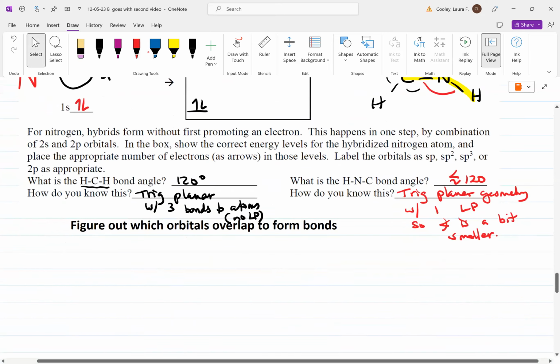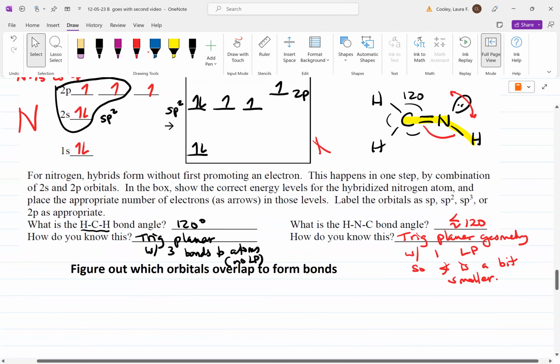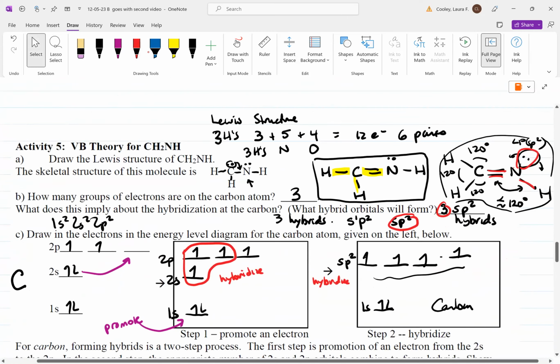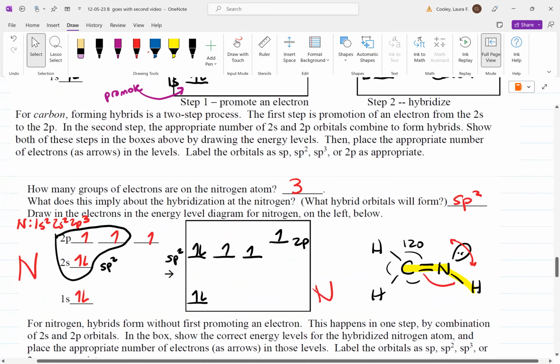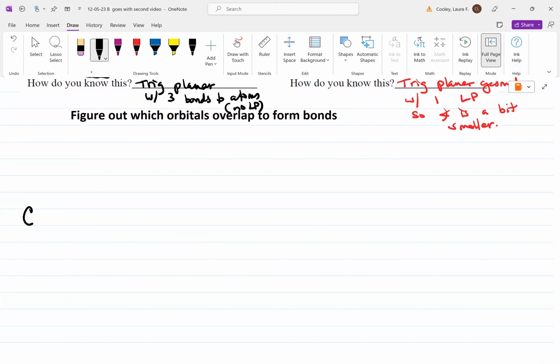Now we're going to figure out how these orbitals overlap. We have this for nitrogen, we have this for carbon, and now we're going to put them together. So I'm just going to redraw them here. For carbon, I don't care about the 1s squared, just leave it out because it's not involved in the bonding. We have 3 sp2 hybrids, and then we have a 2p orbital.